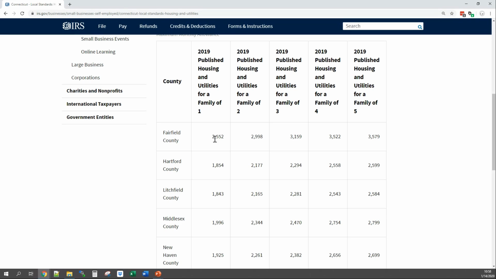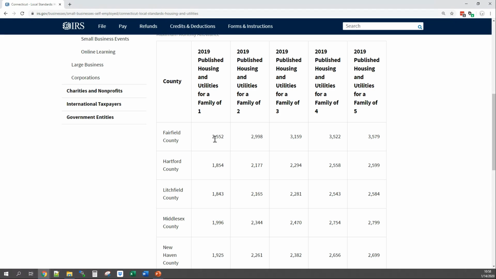So this might be an example of one of these where it's just really, really low. And your client might look at this and say there is no way I can live on $2,500 a month in Fairfield County, Connecticut. It's impossible. I don't know for sure, but a lot of people might say that.